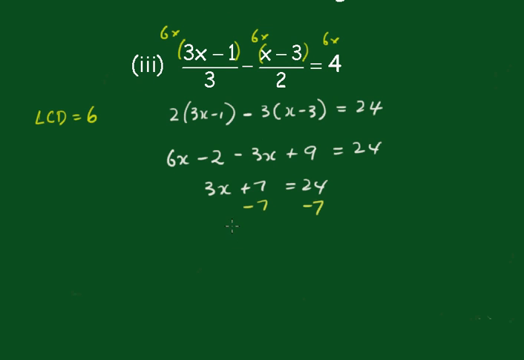And we'll get 3x is going to be equal to, now 24 take away the 7 is 17. And now divide both sides by 3. And we get x equals 17 on 3 as your final answer. Or if you like, 3 into 17 goes 5 and 2/3.